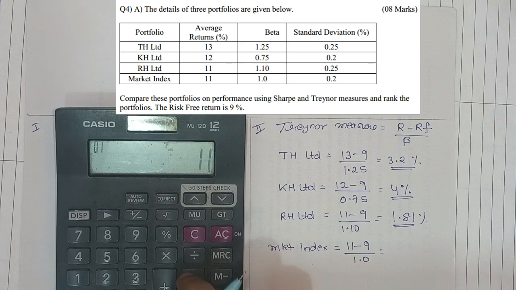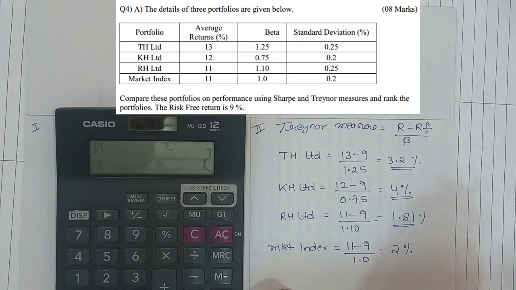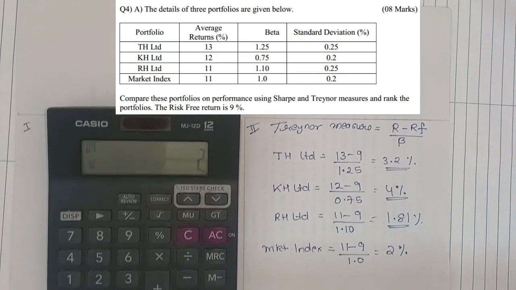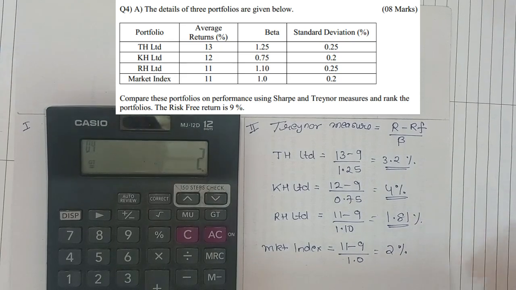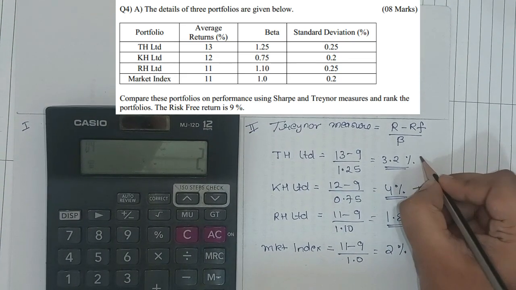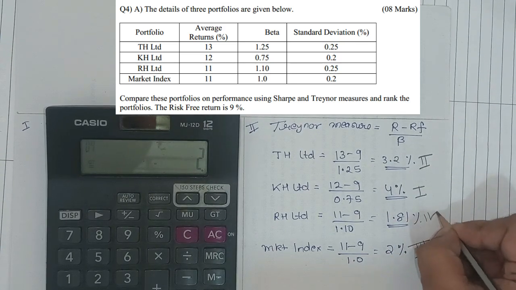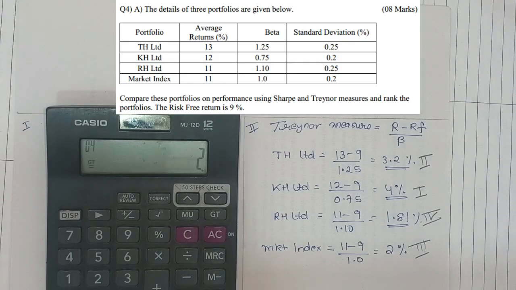And 11 minus 9 divided by 1, which comes to 2%. Now from this we need to rank them. So rank 1 will be 4%, then rank 2, rank 3, and rank 4. So this is how you all had to solve this particular sum.